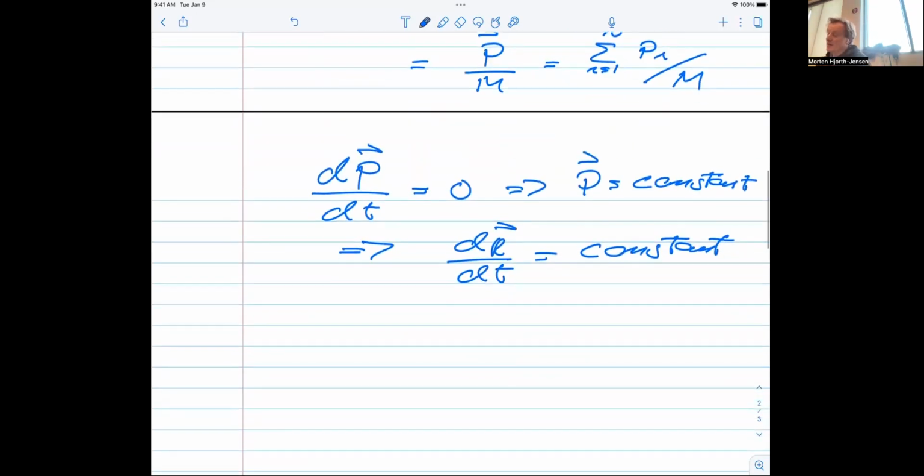So that means that the center of mass R, if we have a case where the total momentum is time independent, moves with constant velocity. And that's an interesting statement.